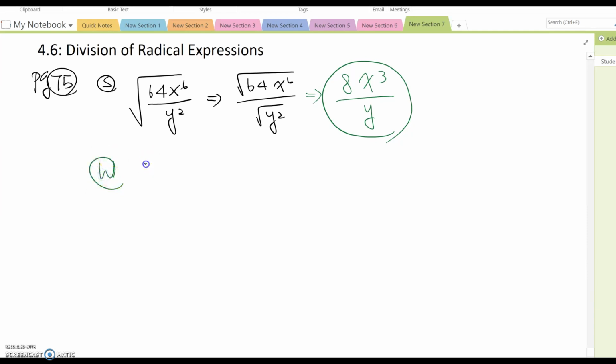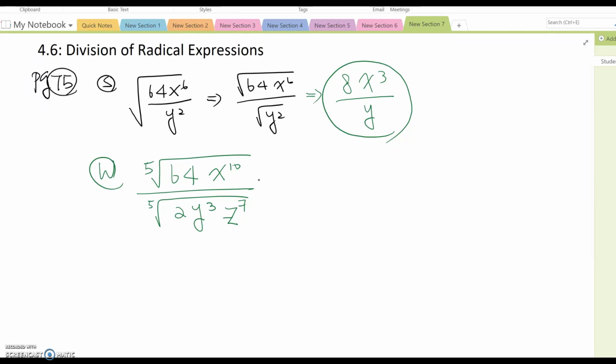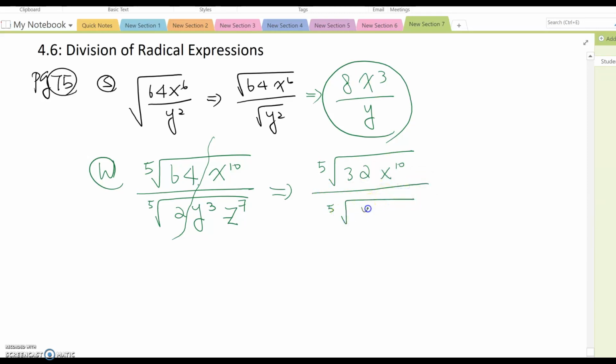So in the W case, this is the fifth root of 64x to the 10th power over the fifth root of 2y cubed z to the 7th. First of all, you can simplify the numbers 64 and 2 by combining them. Then this becomes the fifth root of 64 divided by 2, which means 32, and x to the 10th power over the fifth root of y cubed.